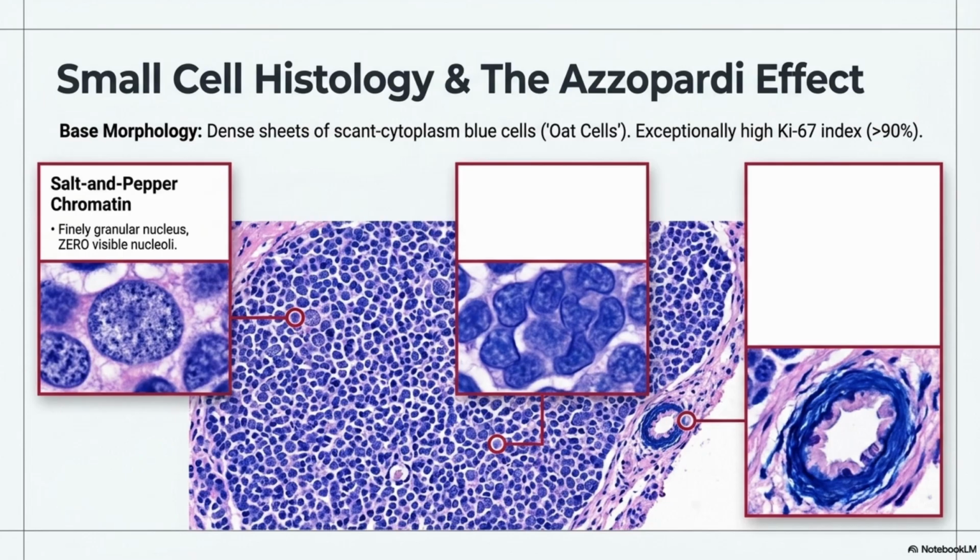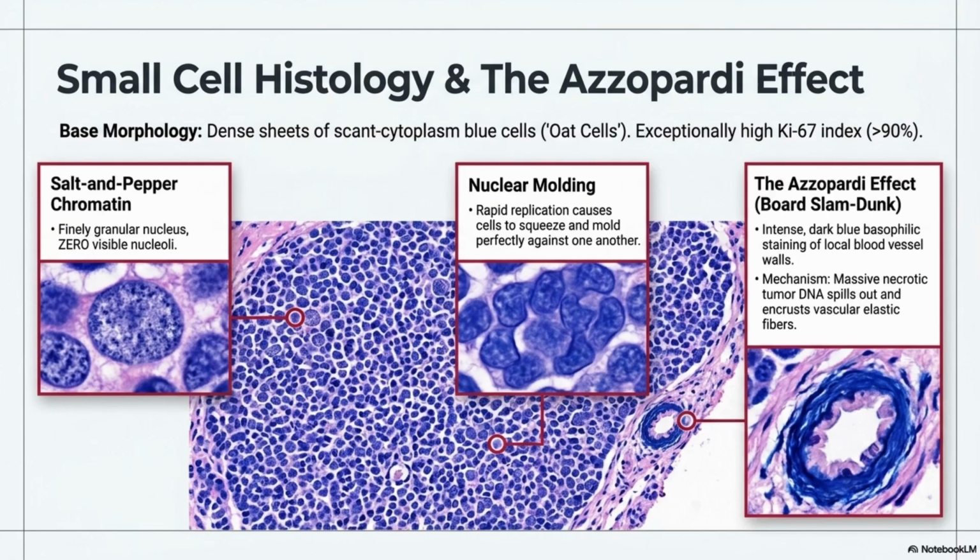Because they replicate so fast, you will see nuclear molding, where the cells physically squeeze and mold perfectly against one another. Finally, the board slam dunk is the Azzopardi effect. Intense dark blue basophilic staining of local blood vessel walls. This happens because the massive amount of necrotic tumor DNA literally spills out and encrusts the vascular elastic fibers.